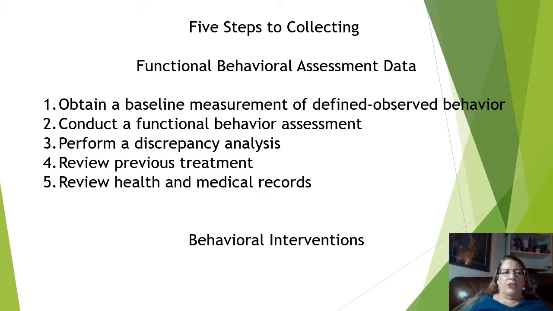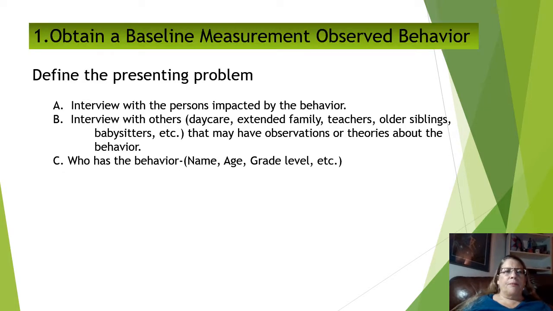Number 4 is you need to have a record of any previous treatment that the child or the family has been through. And number 5, you need to show that you've reviewed the health and medical records by summarizing what you were able to find out as a result of them. So then the second part of your paper is behavioral interventions, and we'll go into that later.